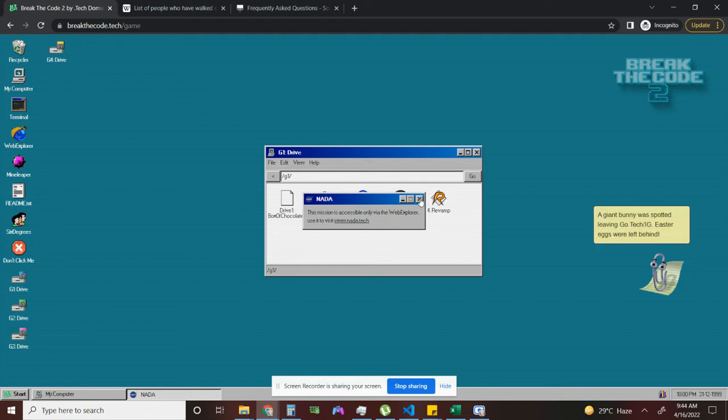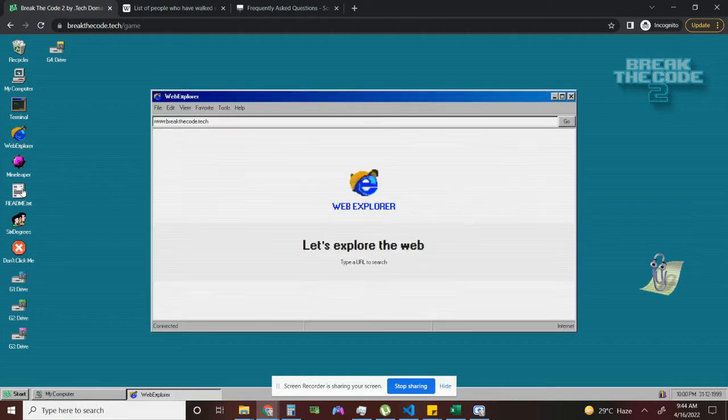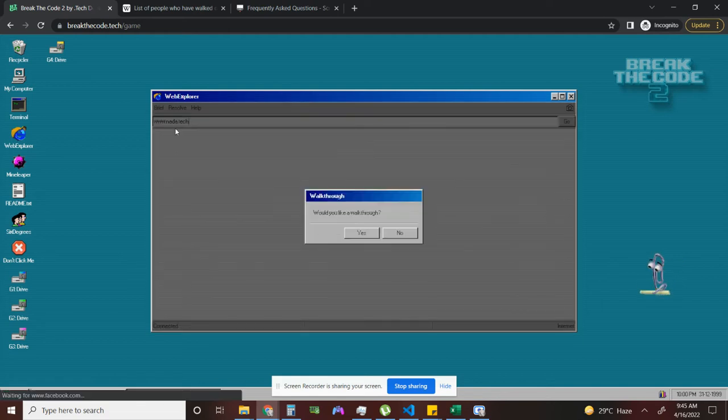That happens to be, and I say this sarcastically, our favorite browser, the Web Explorer. So we go to the Web Explorer, we type in our URL, which is www.nada.tech.